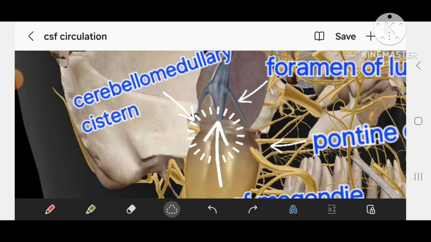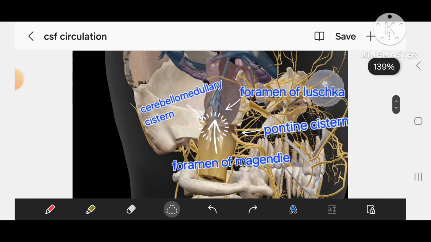The foramen of Magendie lies in the midline, you can see, and the space indicated by the circular dots is the cerebromedullary cistern. That means the space behind the pons, and here in the anterior part there will be the pontine cistern.